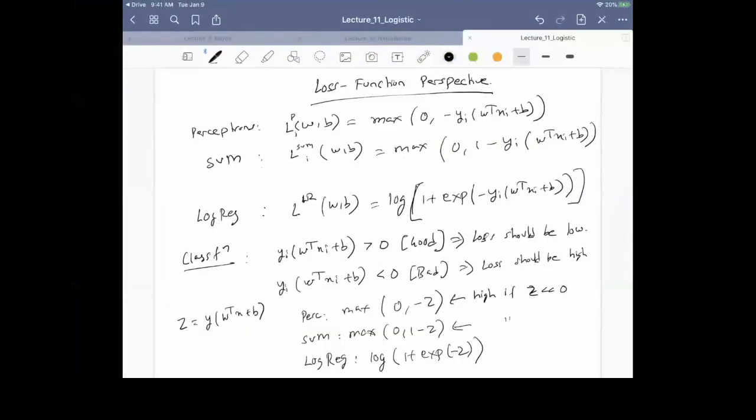I'll just pull this up to compare different loss functions. Okay, yeah, this might do the job.